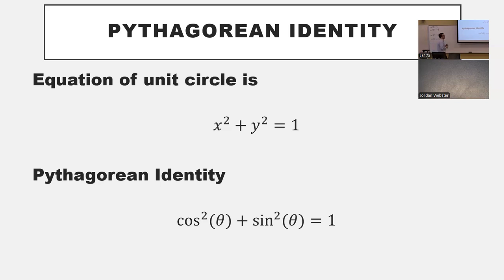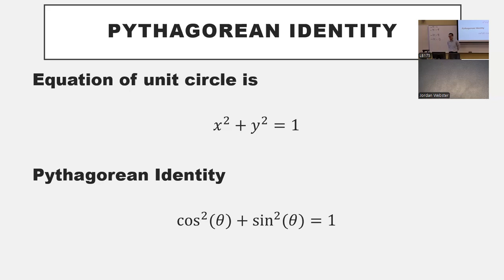The way we write that, when you want to take cosine of theta squared, so that people don't confuse that you're squaring the theta or the entire cosine, you put the square on the cosine part, generally speaking. So this is cosine squared plus sine squared of the same angle is equal to 1.